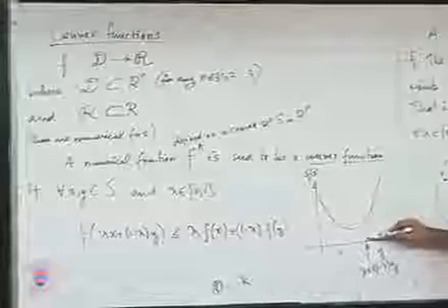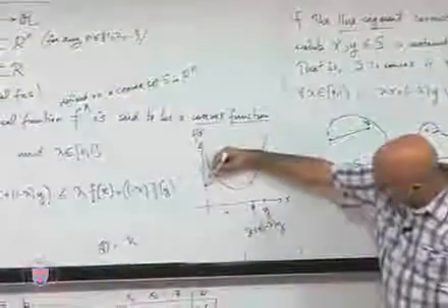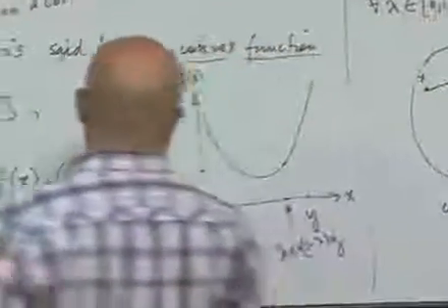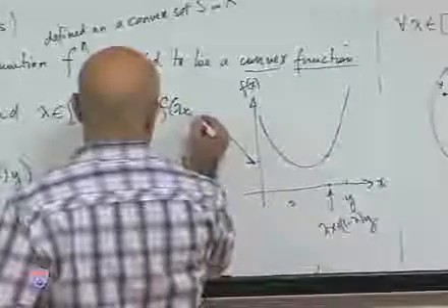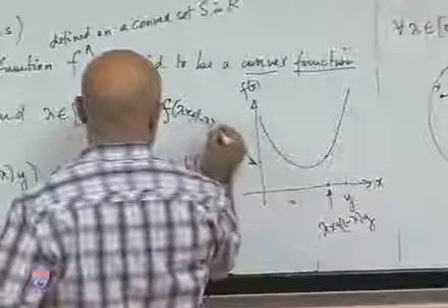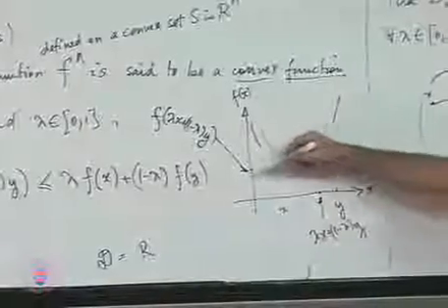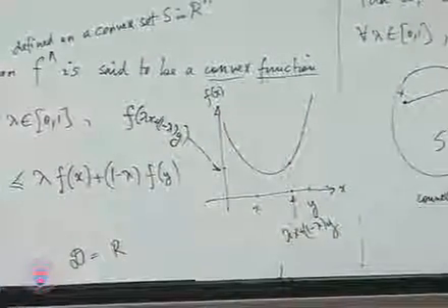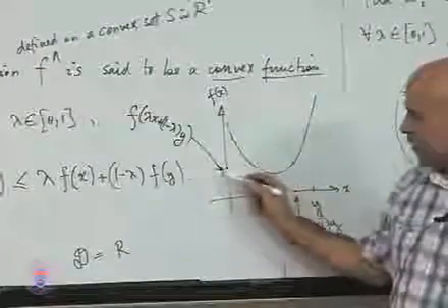So when I evaluate my function at that point, I get the value here. This is my f of lambda x plus 1 minus lambda y. That's the value I get, the height of this point. Okay? So the left side is here. That's my left side in the definition.